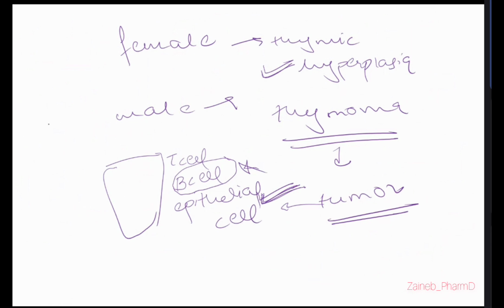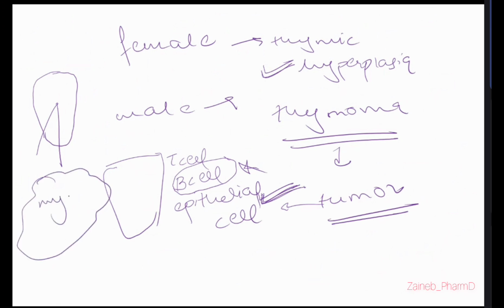Now, what is the mechanism? How does our own antibody attack our receptors? So, we know that there is a thymus. In the thymus, we have special stromal cells that are known as myoid cells. These myoid cells express the sarcolemmal protein on their surface.